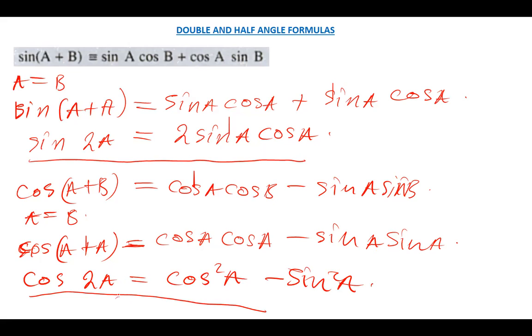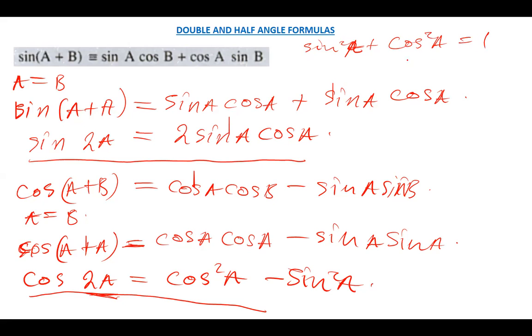This one can be manipulated. We know that according to the Pythagorean identity, sine squared A plus cos squared A is equal to 1.